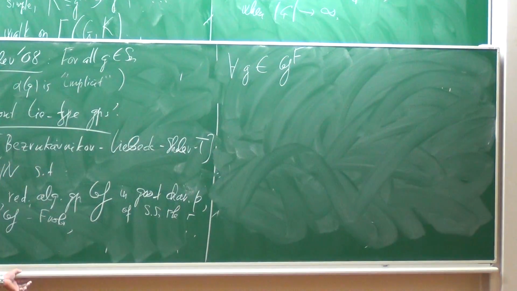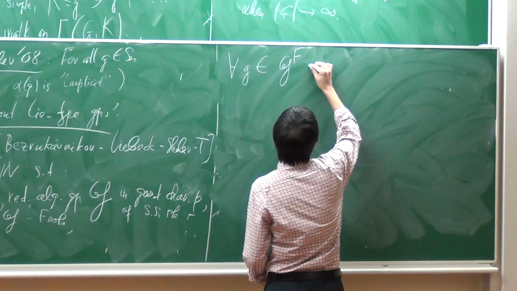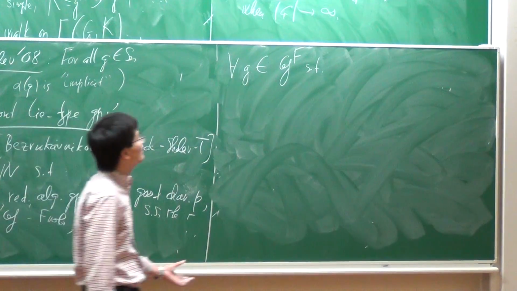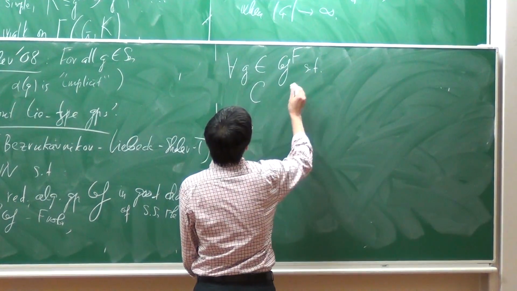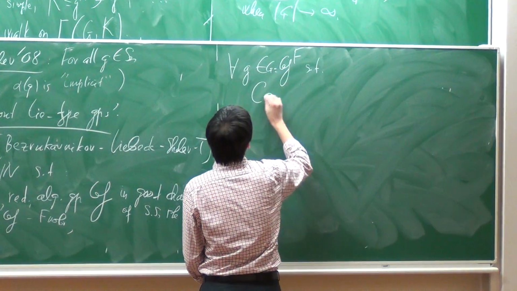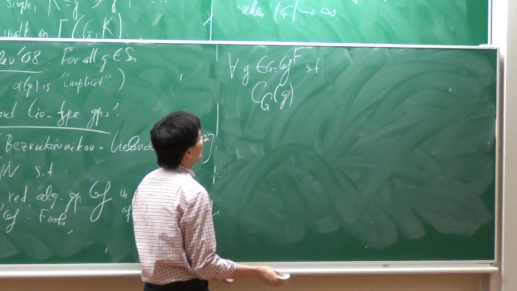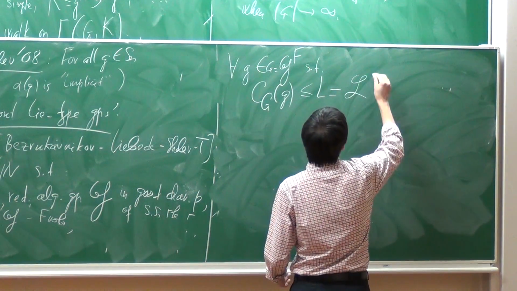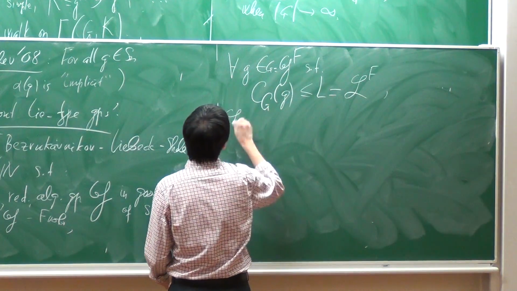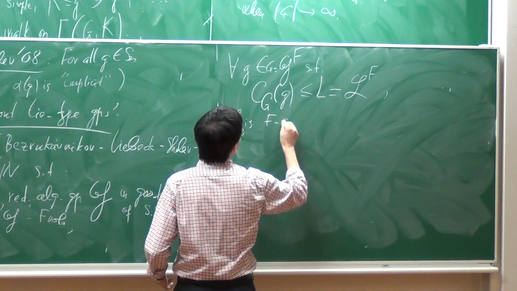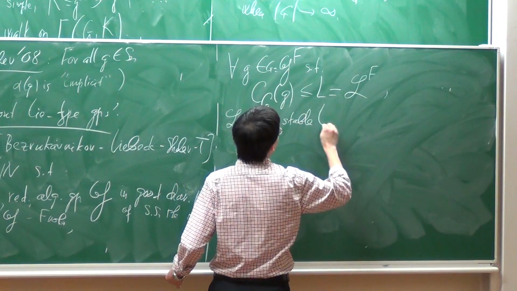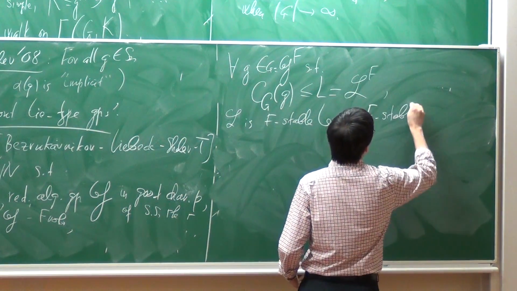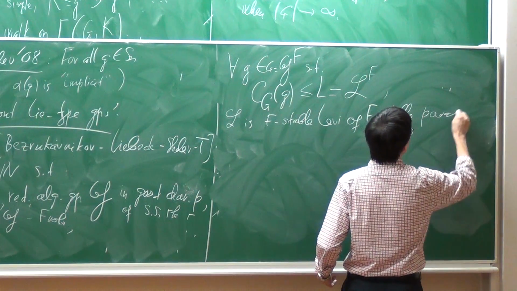I will want g in G(F) such that the centralizer of g is contained in a Levi. What does it mean? It means that the centralizer of g is contained in some Levi L, where L is an F-stable Levi of an F-stable parabolic.